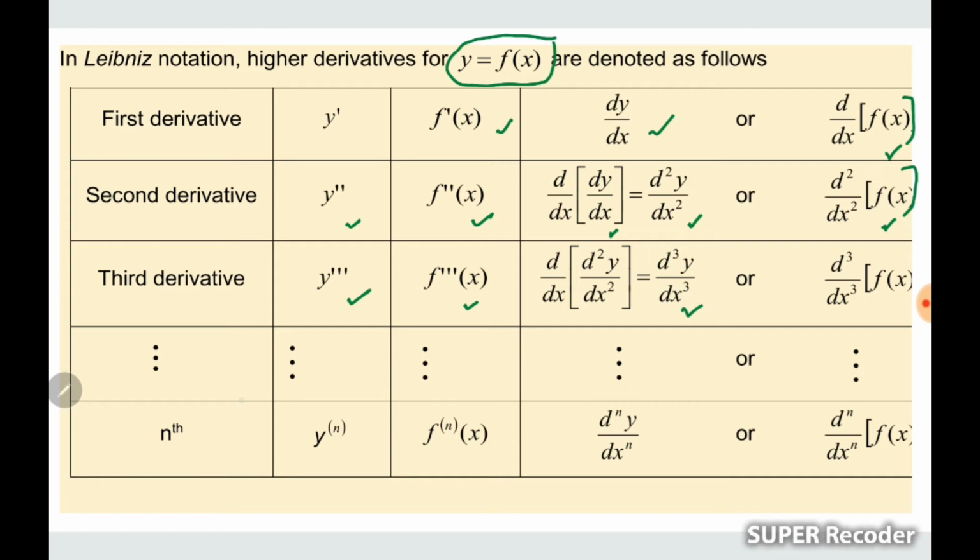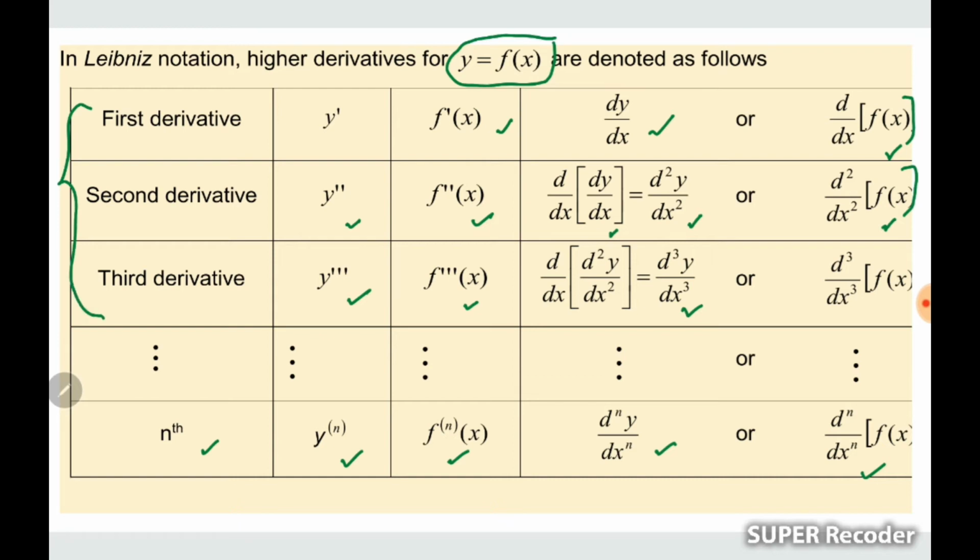For example, if you want to find the nth derivative, we just write y to the power of n, or f to the power of n of x, or d to the n y dx to the n, or d to the n f dx to the n. This is how to write the higher order derivatives. So you have to know up until the third derivative. First, second and third derivative.